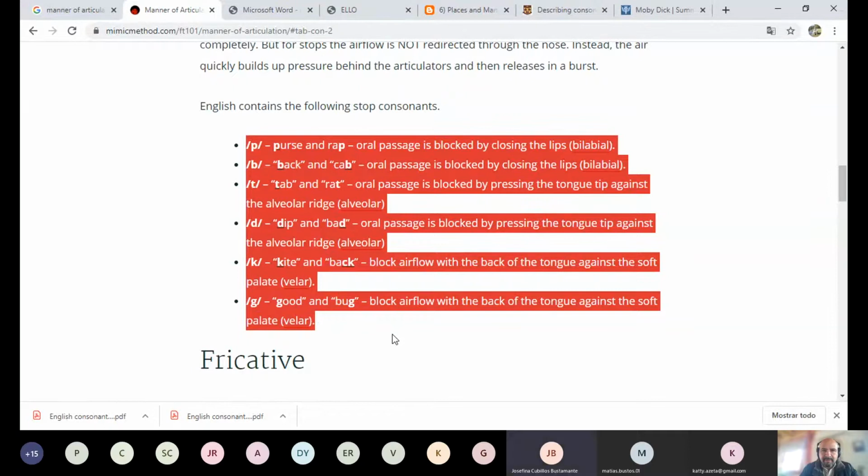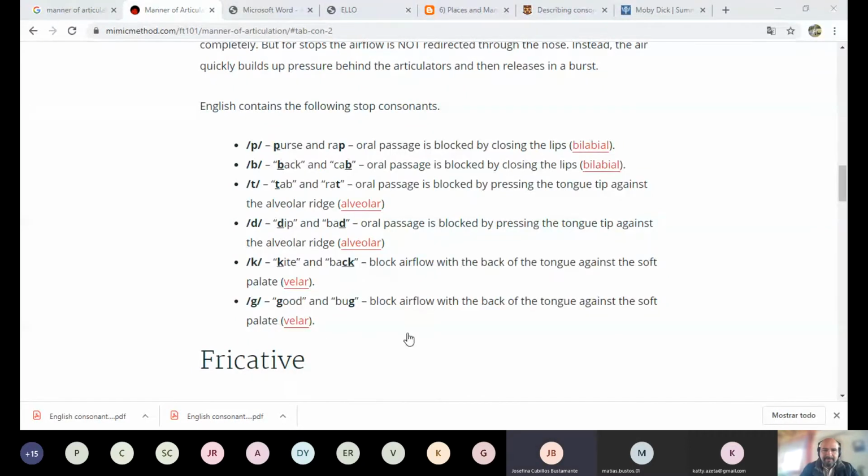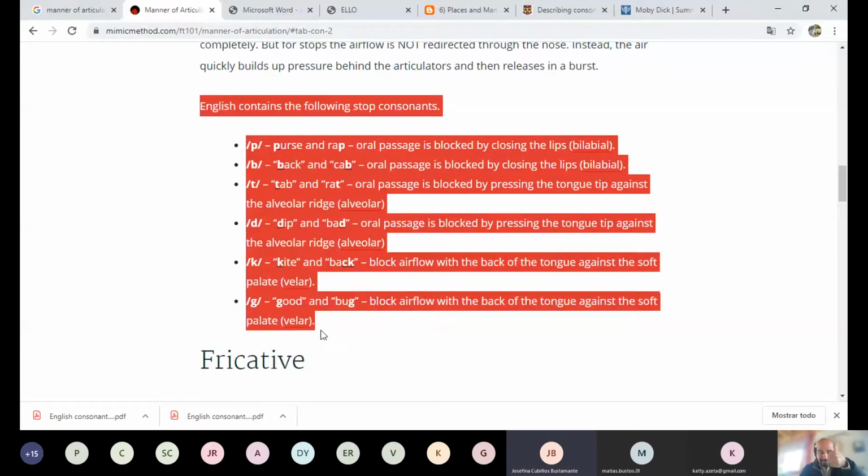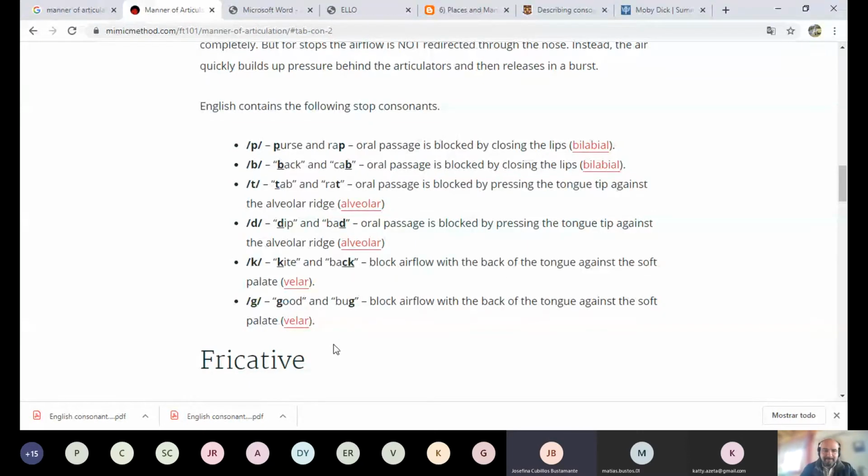I'll try, at least. Should I read the sentence above? English contains the following stop consonants: p, purse and rap.